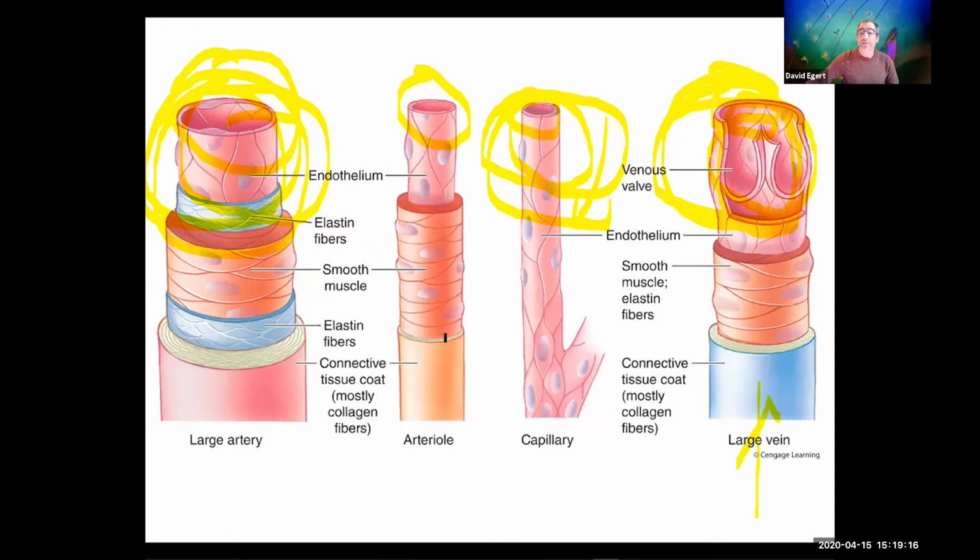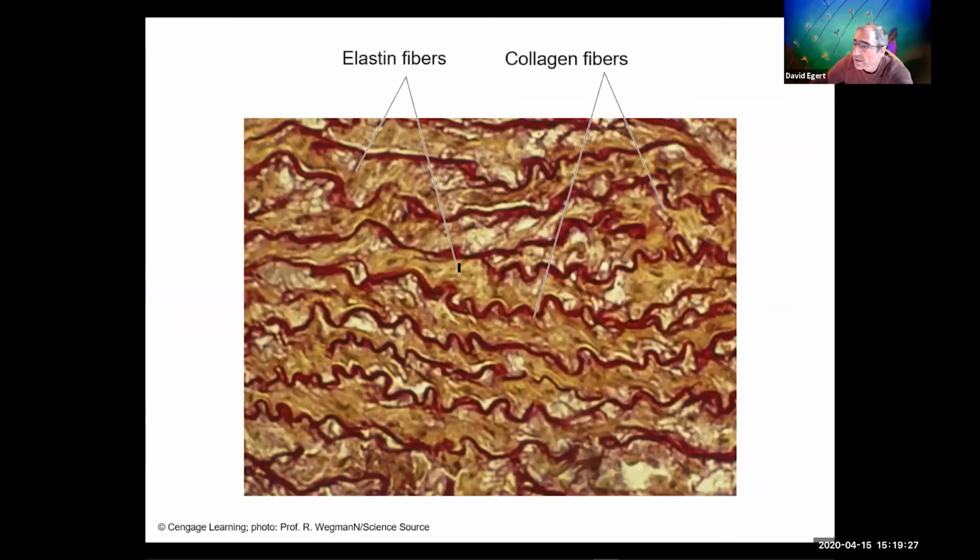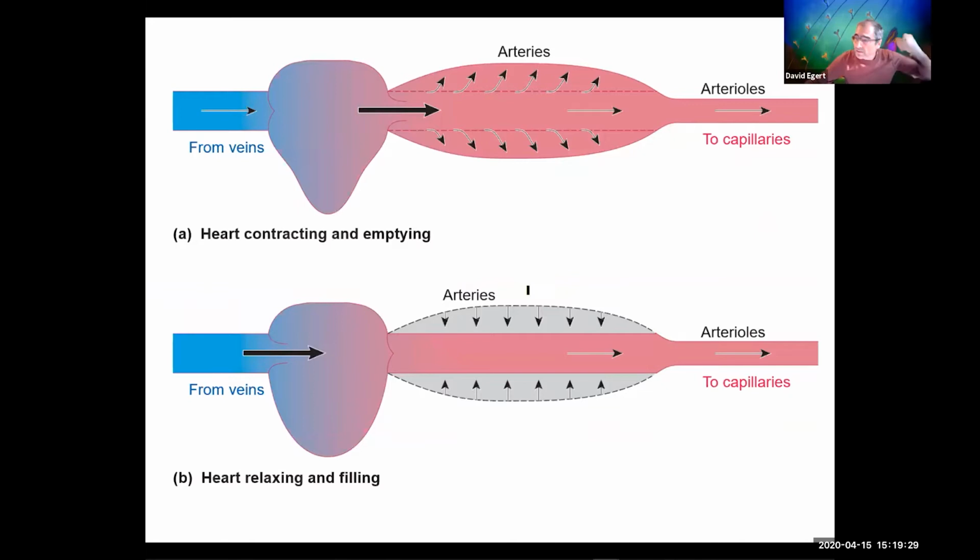We talked about the muscular versus elastic. Like the large arteries, this is not a great graphic. This is supposed to be the heart, and this is supposed to be the aorta or the pulmonary trunk.